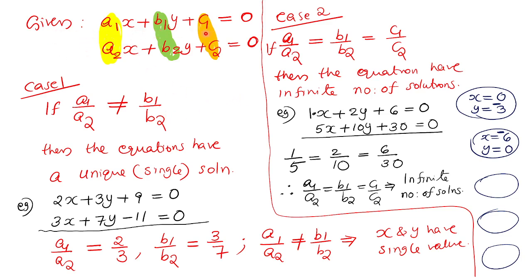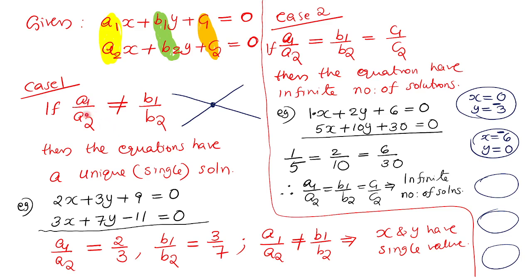In the previous class we studied that if a pair of equations is given, there are three cases. If a1 by a2 is not equal to b1 by b2, a single solution will be there. Single solution means, in terms of graph, if you draw the graph of the two equations, the graph will be meeting like this.